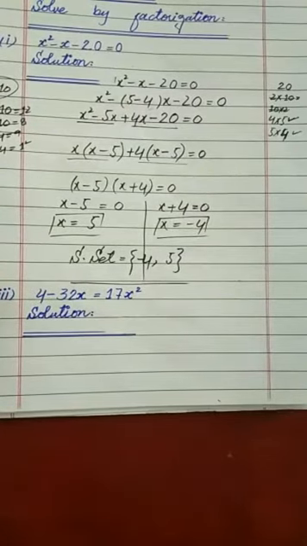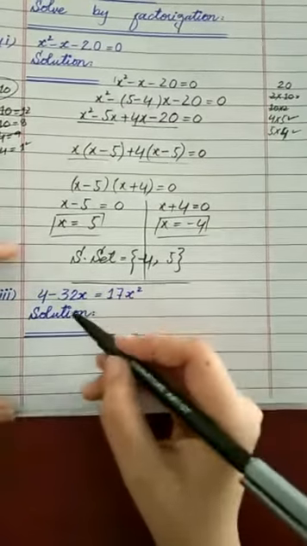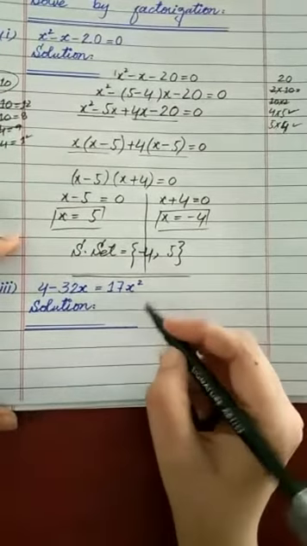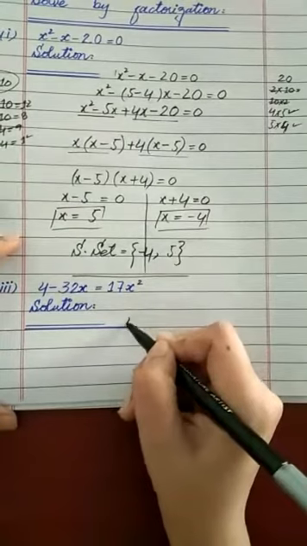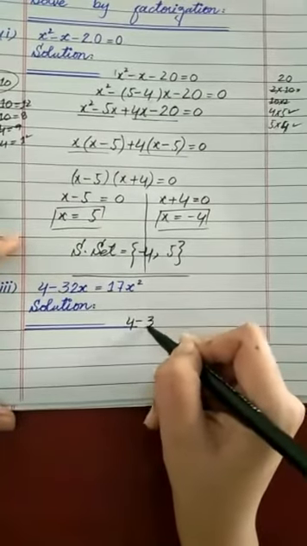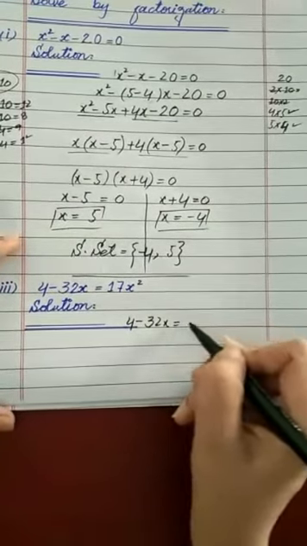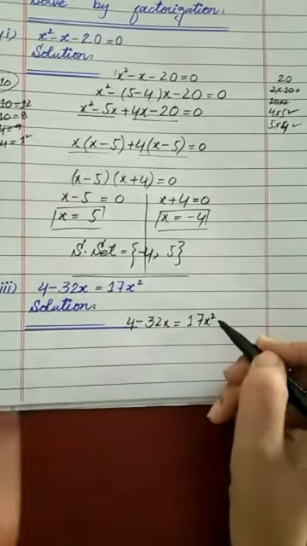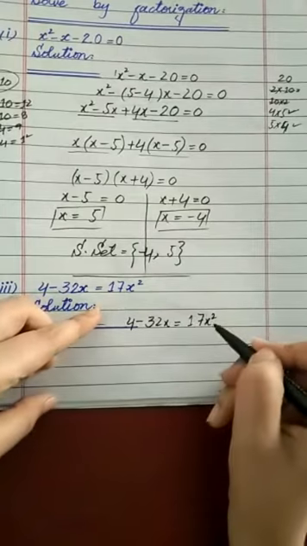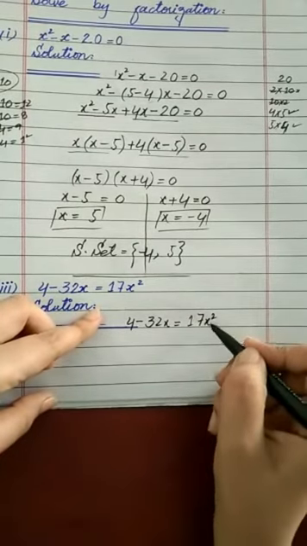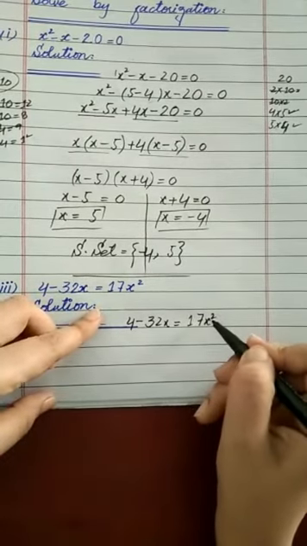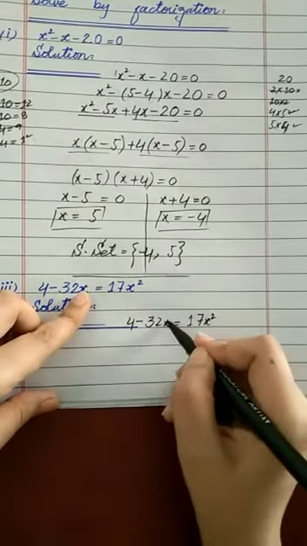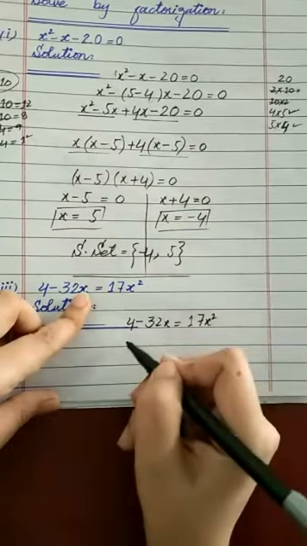Okay students, question number 2, part 3. A quadratic equation is given here, 4 minus 32x is equal to 17x square. We will take the whole terms towards 17x square, because x square is the quadratic variable, so we will take the whole term towards itself.